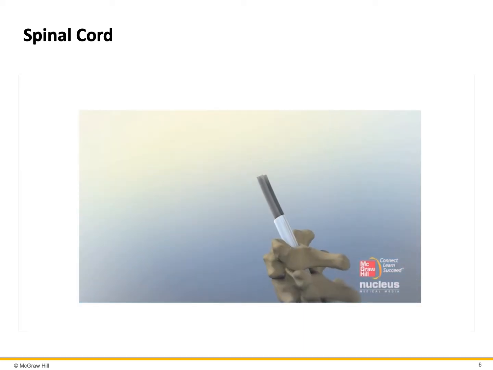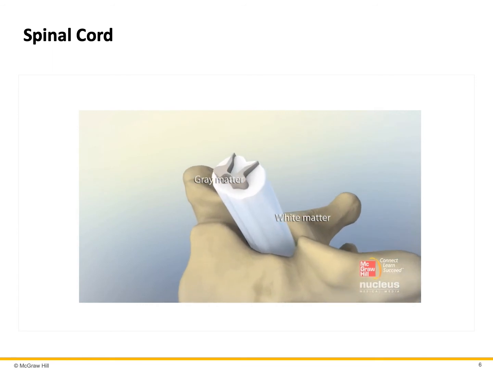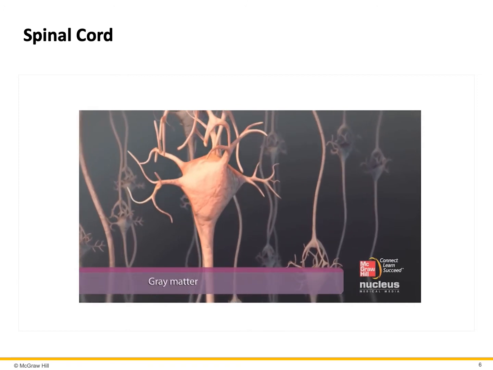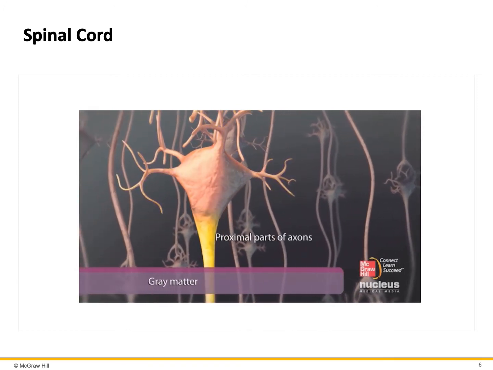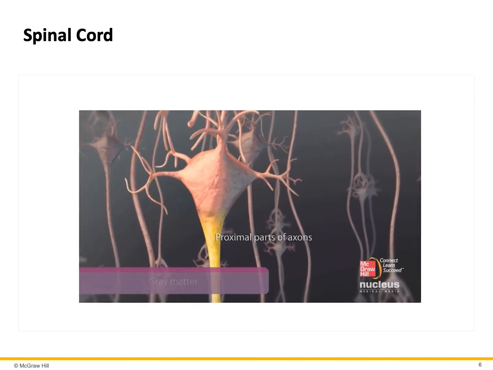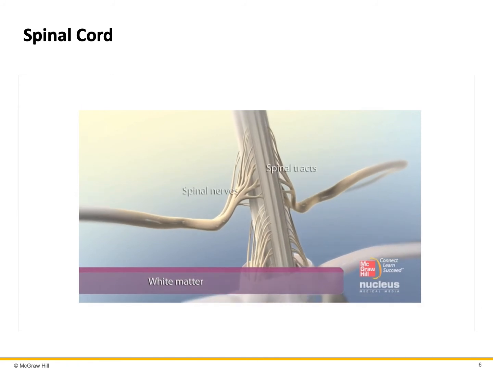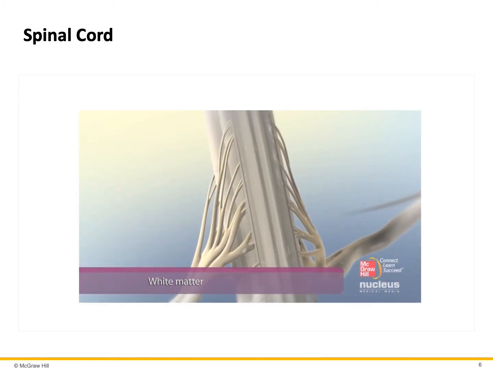The spinal cord is composed of gray matter and white matter. Gray matter contains nerve cell bodies, dendrites, and the proximal parts of axons. White matter contains spinal tracts, which consist of myelinated axons.